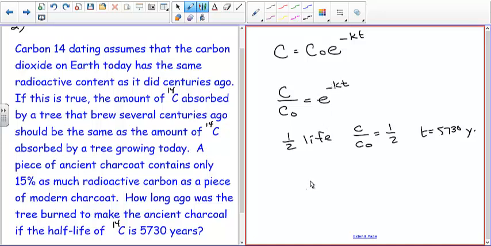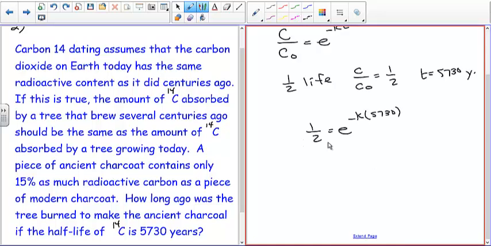So you have 1/2, the amount over the original amount, is e to the minus k times t, which is 5,730. So we can switch the numbers in the exponent, so we'll have negative 5,730 times k. Then we'll take the natural log of both sides.